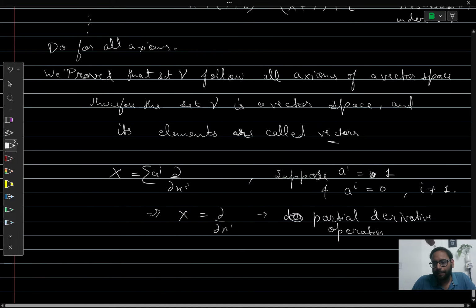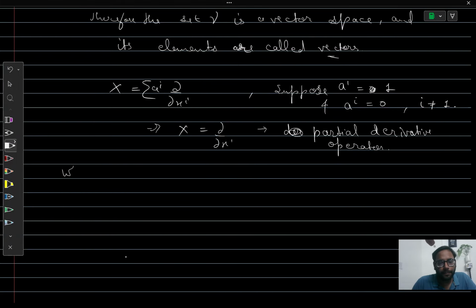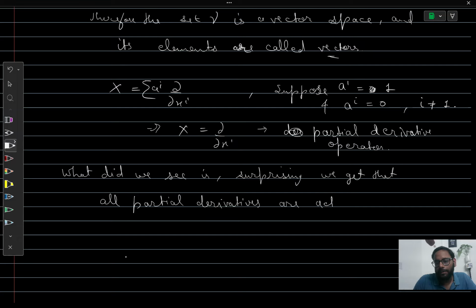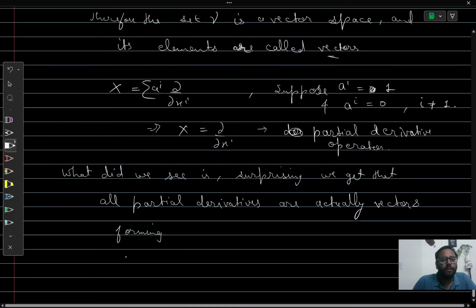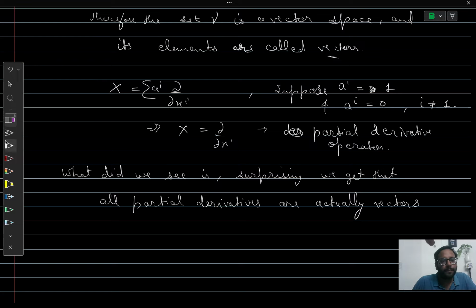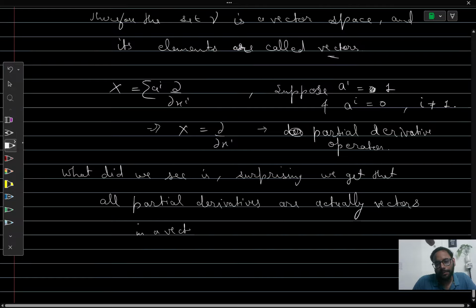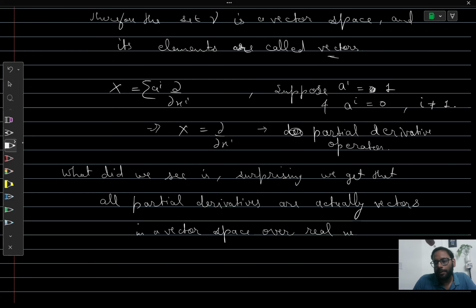So what did we see is this. Surprisingly we get that all partial derivatives are vectors, actually vectors forming a vector space over real numbers.